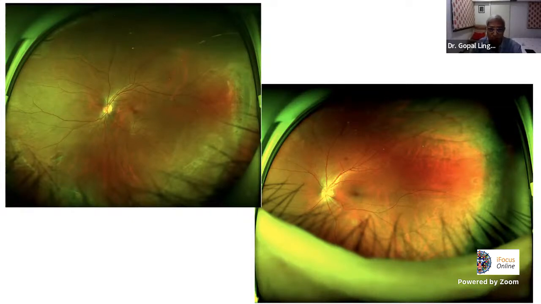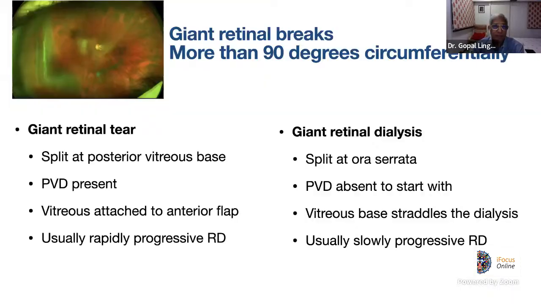There are multiple patches of lattice, both inferior nasally, inferior temporally, and temporally at 3 o'clock meridian. In the picture to your right, there is a small retinal tear. Again, I'm having difficulty because it is superimposed by some of the pictures in the Zoom, so I'm not able to show you. But there is a small tiny tear at 3 o'clock meridian.